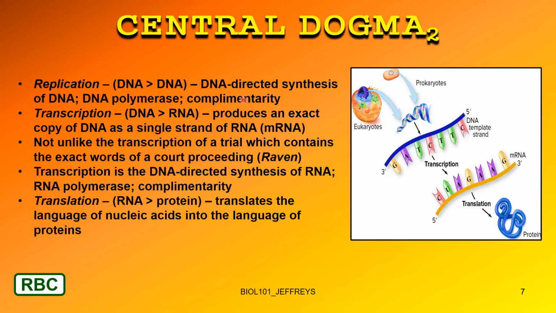Remember, complementary base pairing. Okay, transcription then is DNA to RNA. So you're going from DNA, which is a double-stranded macromolecule, to RNA, which is a single-stranded macromolecule. This produces an exact copy of DNA, which is double-stranded, as a single strand of RNA.